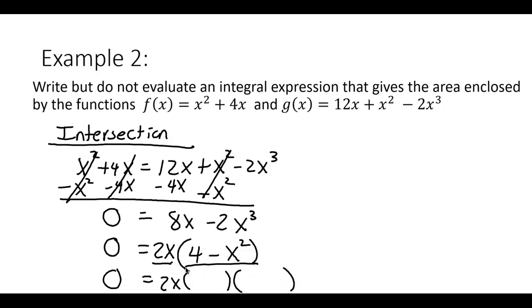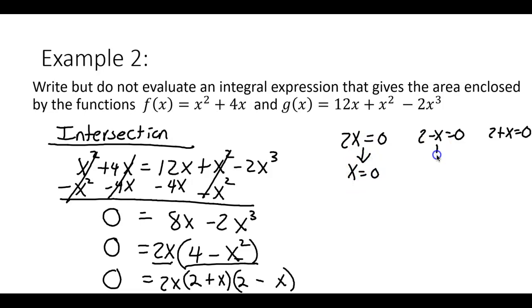So you take the square root of that, and that, you make one a plus and one a minus. All right? Difference of squares. And then you set all three of those equal to 0 and solve. This one I get x equals 0. This one I get x equals 2. This one I get x equals negative 2.